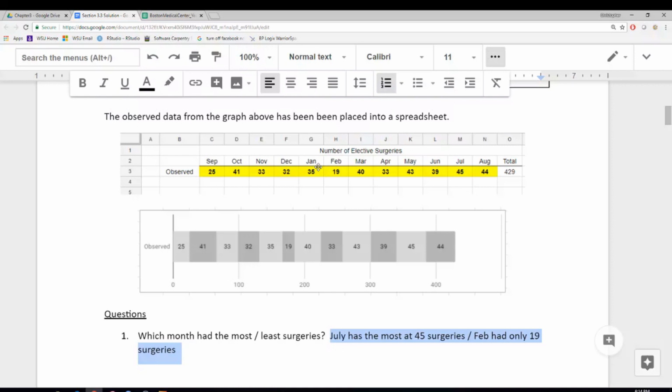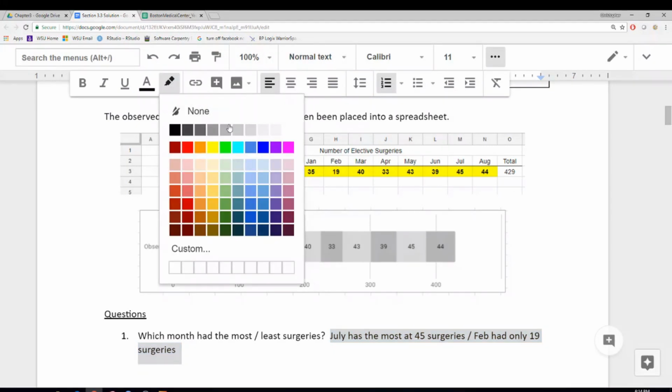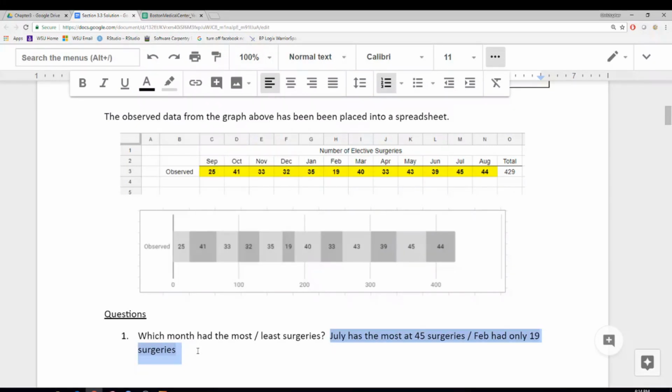Now I don't know enough about the situation of this data, but maybe February was purposely meant to be lower. Maybe that's a common month when, say, the doctor tends to take off or something. Maybe they vacation in the Caribbean during February or something. So there might be a good reason why February actually has a reduced number of surgeries here.